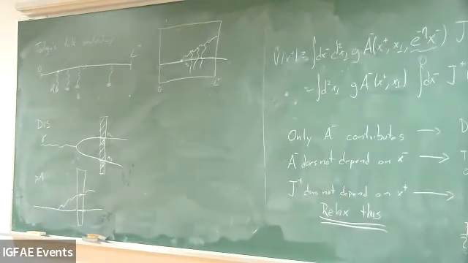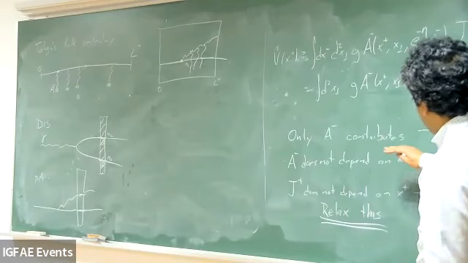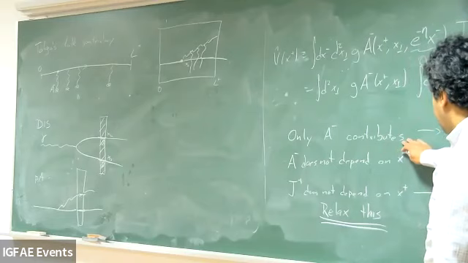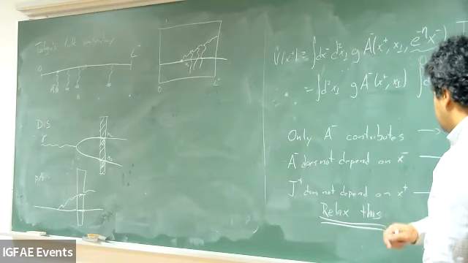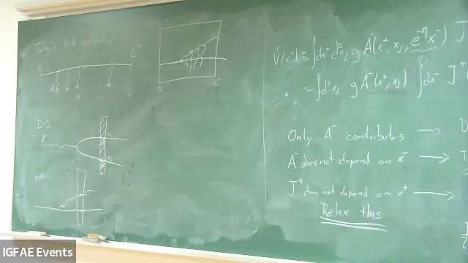What I'm going to do from now on is I will still assume that A minus is the only one that contributes, that A minus does not depend on x minus, but now I cannot completely neglect that x plus dependence, and I will have to use these kind of things, which will allow my particle to move a little bit on the transverse plane, and I will show you how that shows up in the calculations.